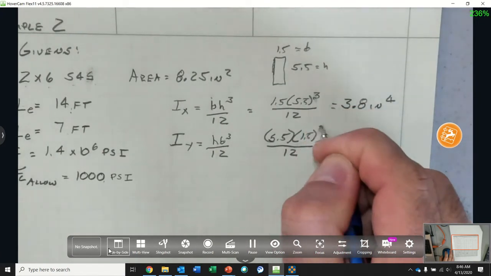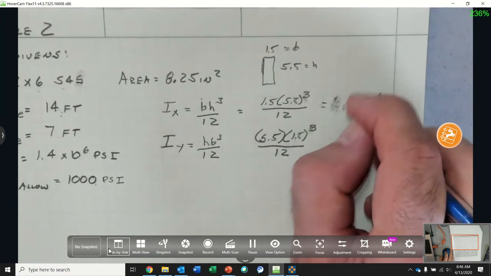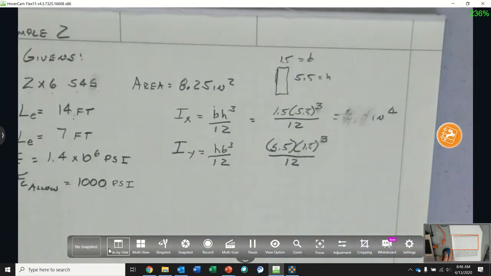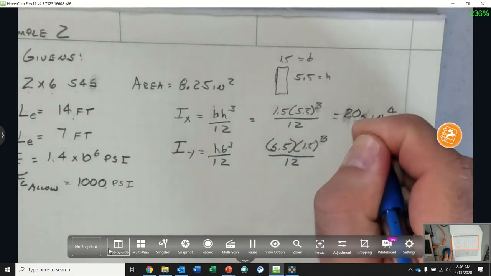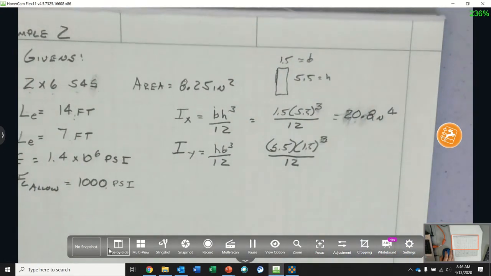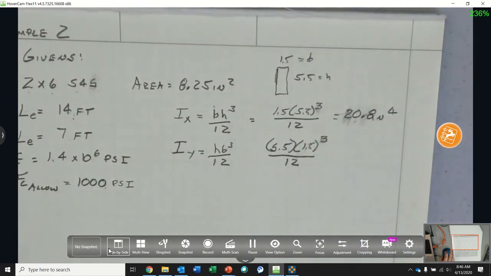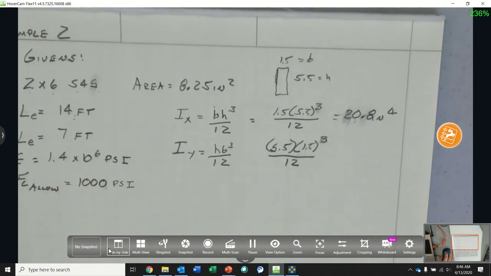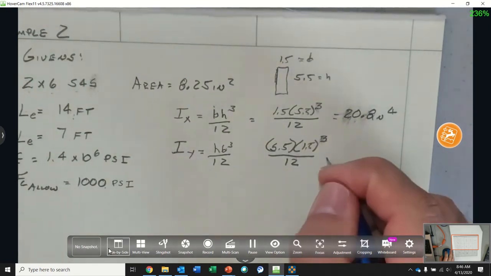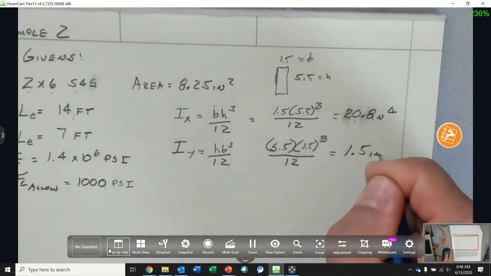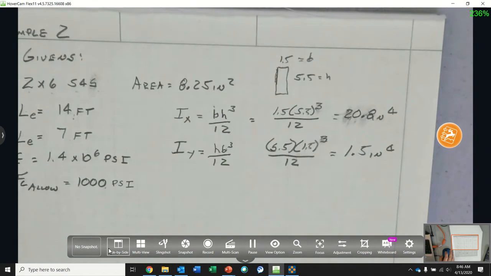This is cubed, not squared, my bad. 1.5 times 5.5 cubed divided by 12 gives 20.8 inches to the fourth. And 5.5 times 1.5 cubed divided by 12 equals 1.5 inches to the fourth.